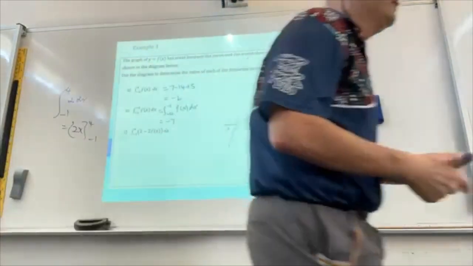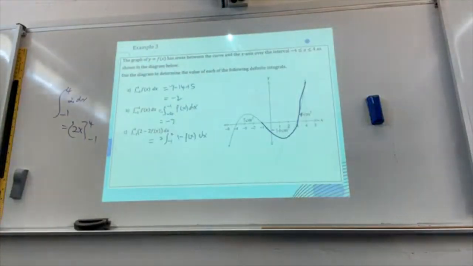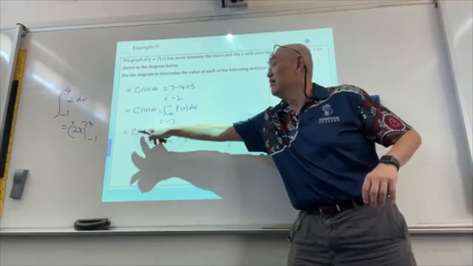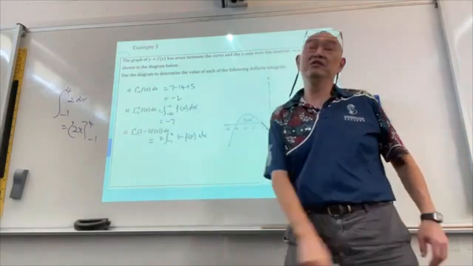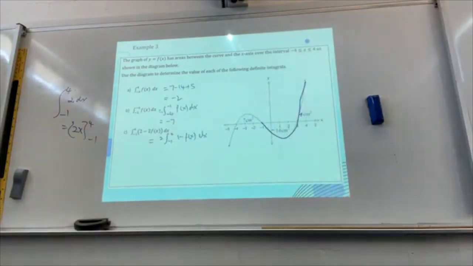Once I split that, I now have, well, the other thing that I did was I actually took the 2 out as well, because that is the multiplier. I took the 2 out. It doesn't matter if you did not take the 2 out, you still get the same answer.